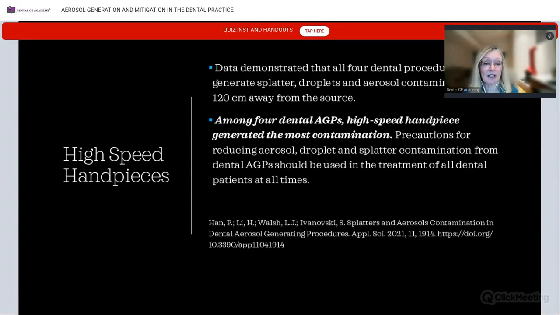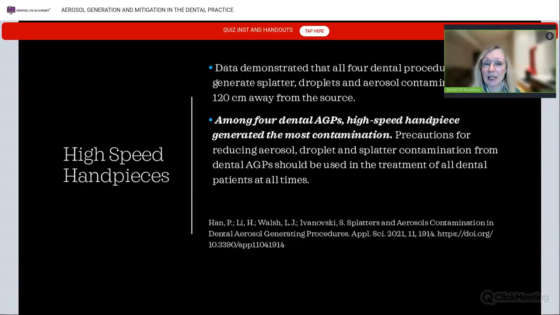High-speed handpieces: data demonstrated here that they tested 4 dental procedures, restorative, generate splatter or spatter, droplets, and aerosol contamination at 120 centimeters away from the source. And among these 4 procedures, the high-speed handpiece generated the most contamination.